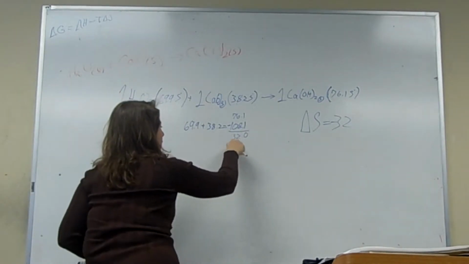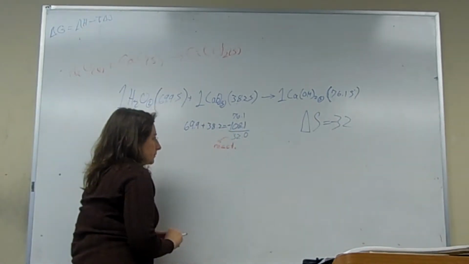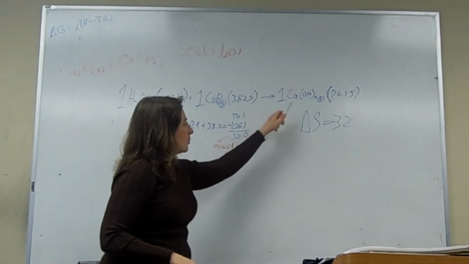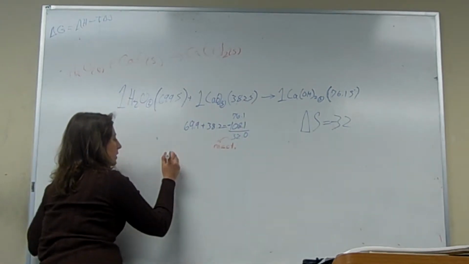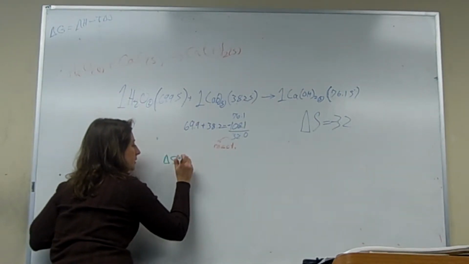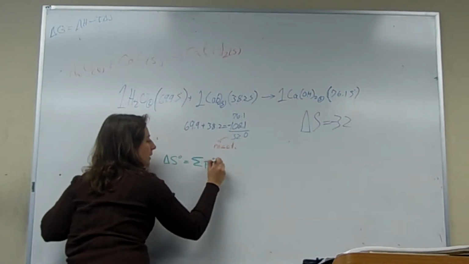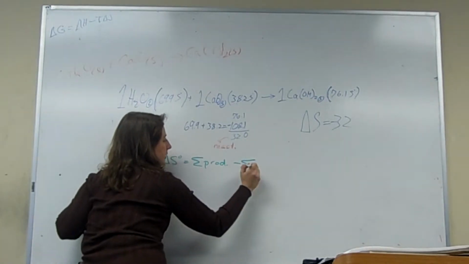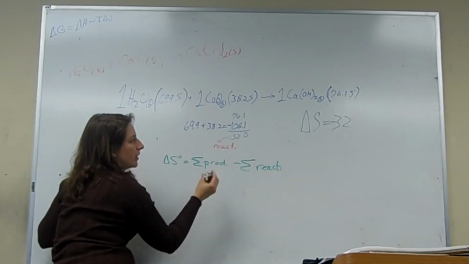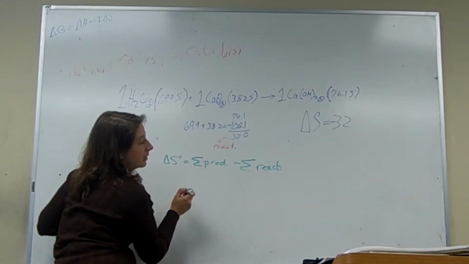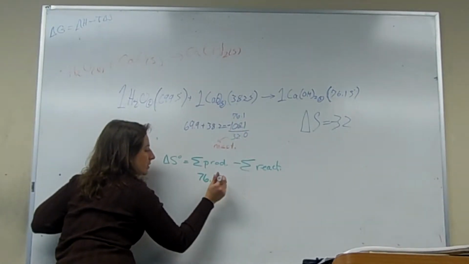And he found that this is negative. I put it in the answer, but I forgot to put it in the question. And then products was that. So if we find entropy to be products, it's always good to write your equation for my benefit, if nothing else. Products, you found it to be 76.1, and there's 1 mole, so you cancel out.